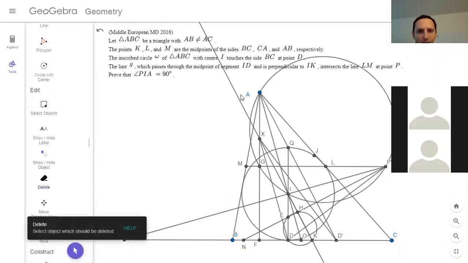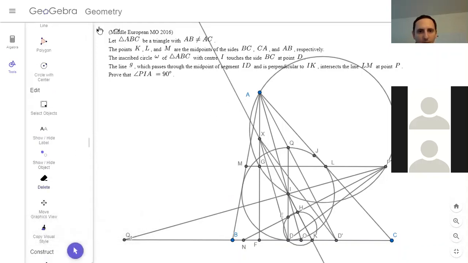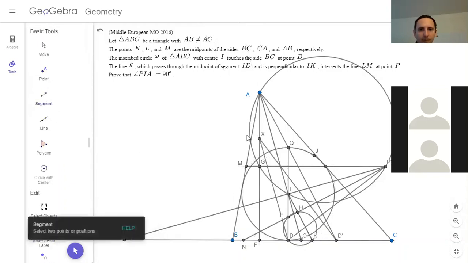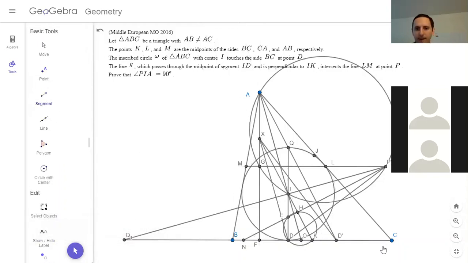Whoops, what is going on here? I wanted to hide, not delete. All right, so, I mean, a spiral similarity would take one to the other. What's the center of that spiral similarity?